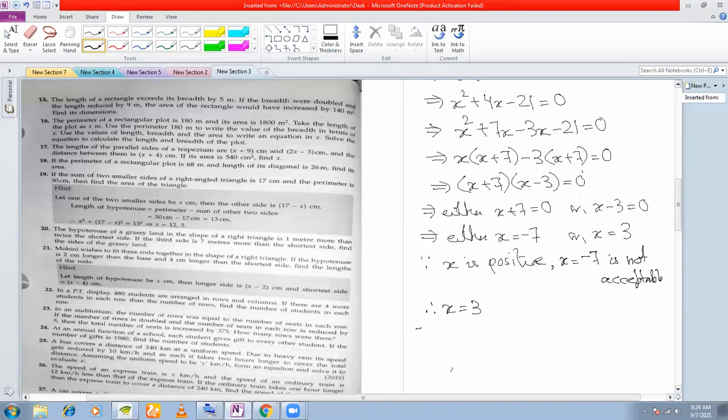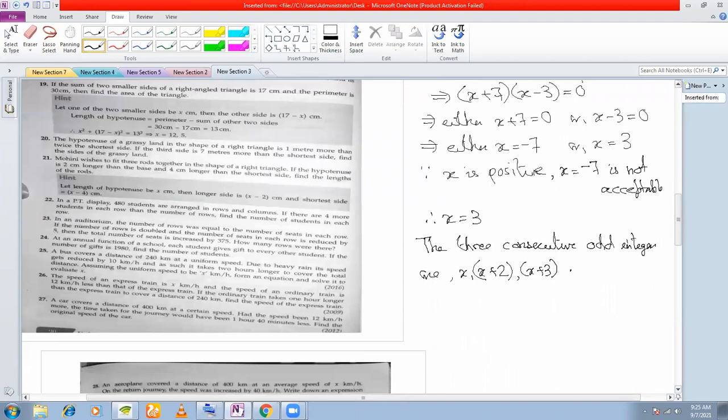Okay, so what are the consecutive odd integers? Therefore, hence the 3 consecutive odd integers are x, x plus 2, x plus 4. That is 3, 5.